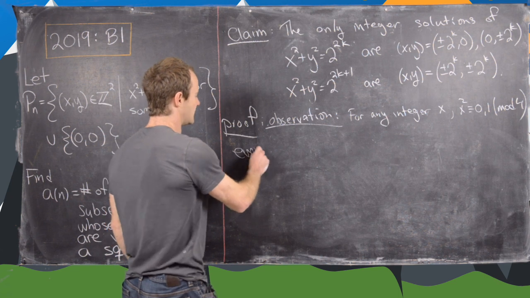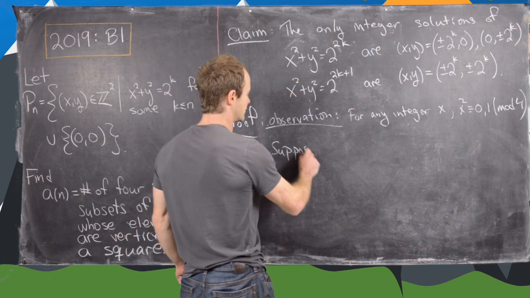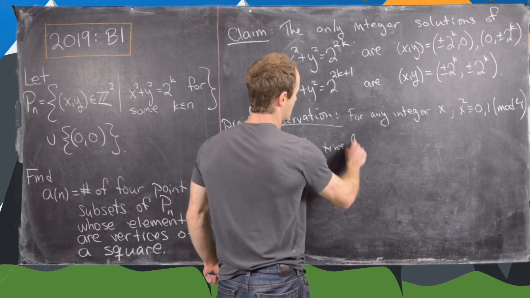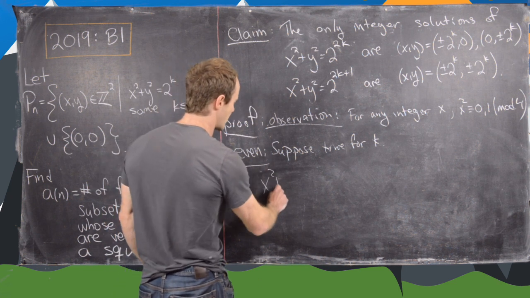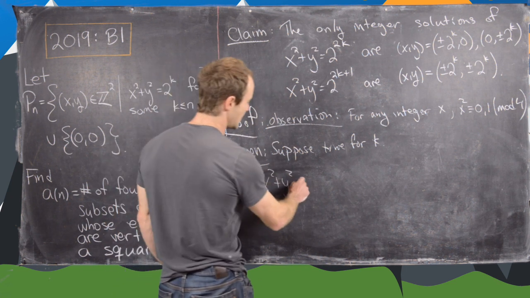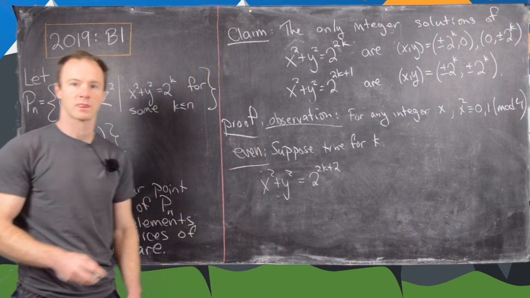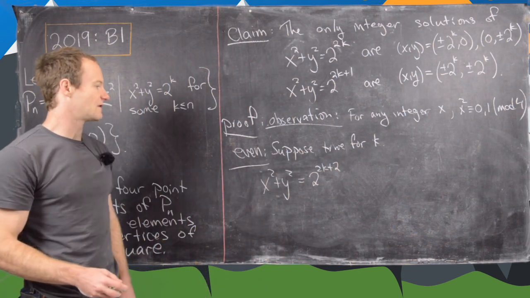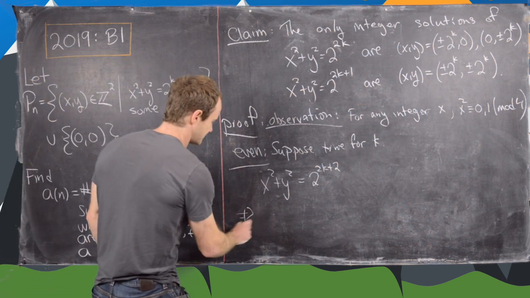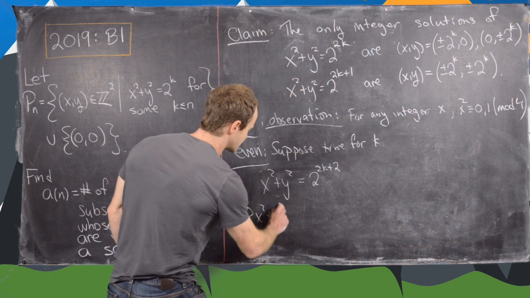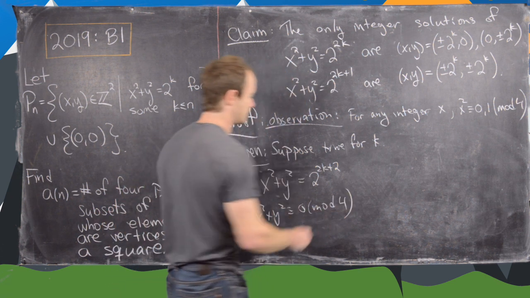So let's look at the even case. Let's suppose this is true for some k. Let's look at the equation x squared plus y squared equals 2 to the 2k plus 2. Good. And now let's reduce this mod 4. That gives us x squared plus y squared is congruent to 0 mod 4.